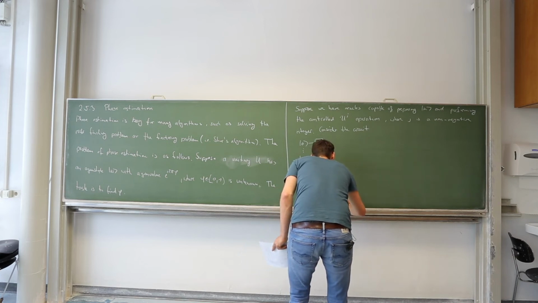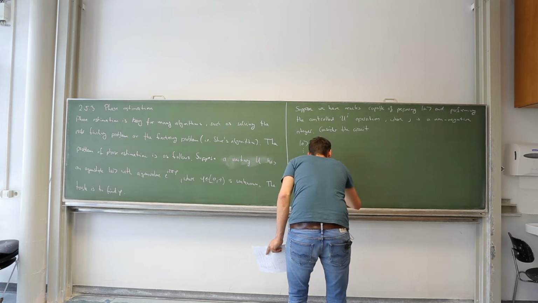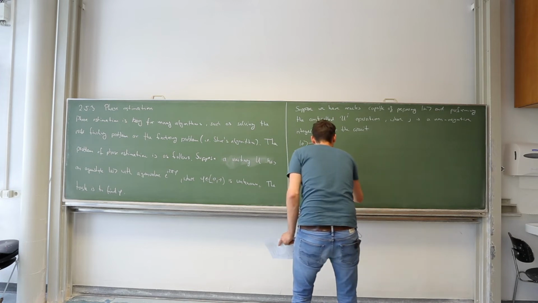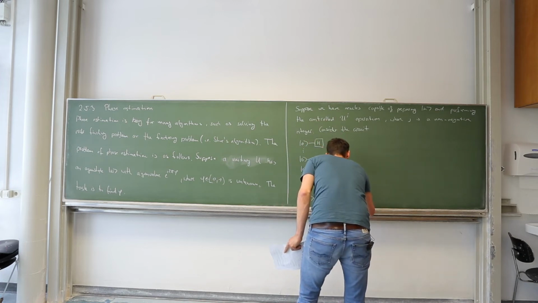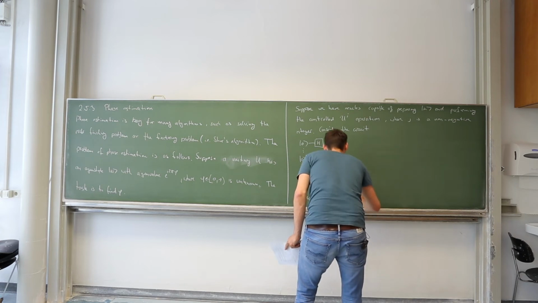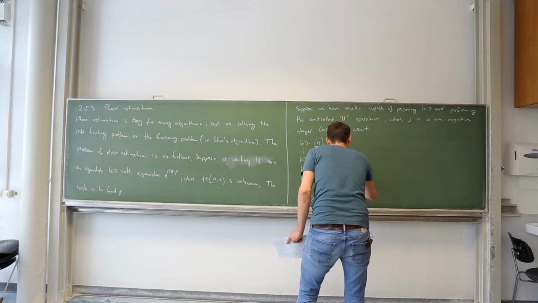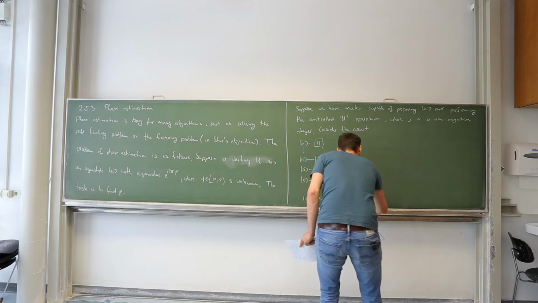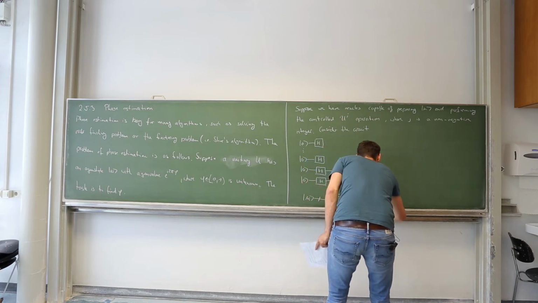So this is U to the power of 2 to the power of 0. And then here with U and 2 to the power of 1. And then U 2 to the power of 2.